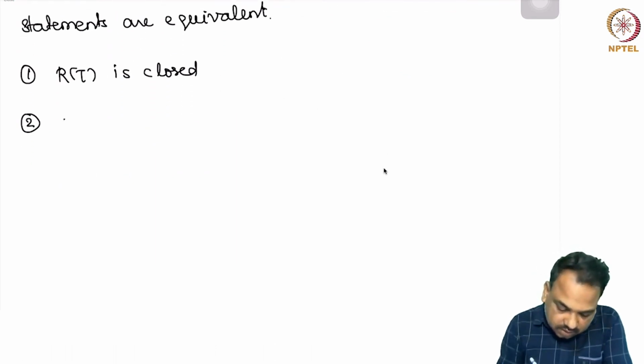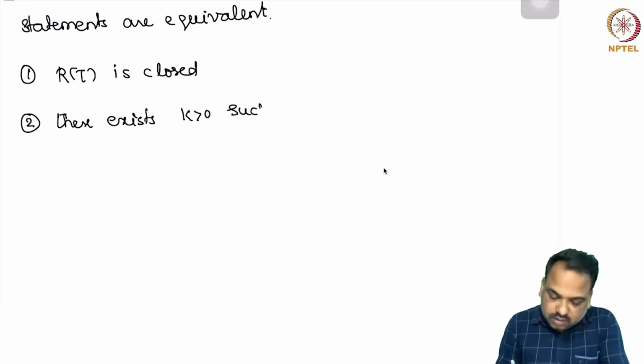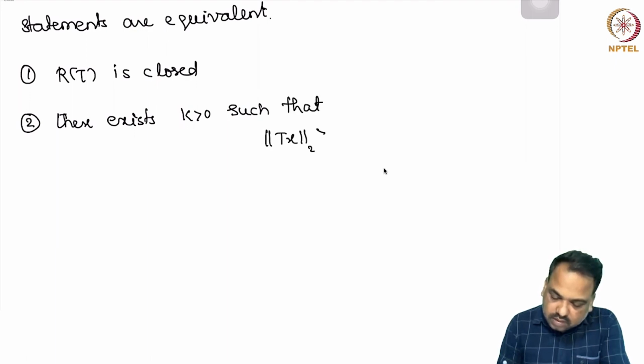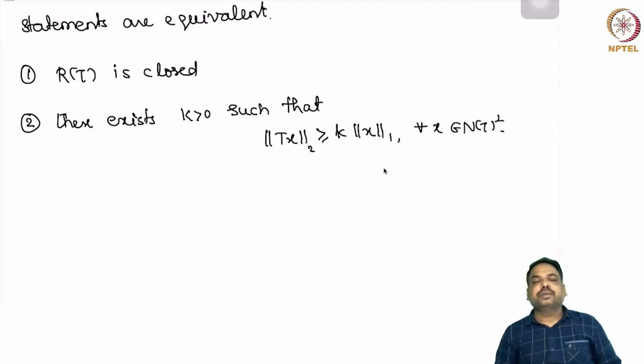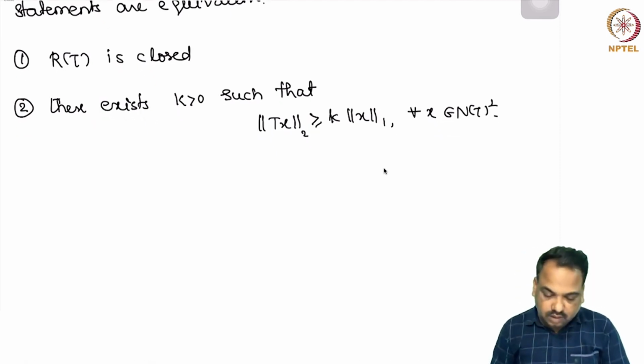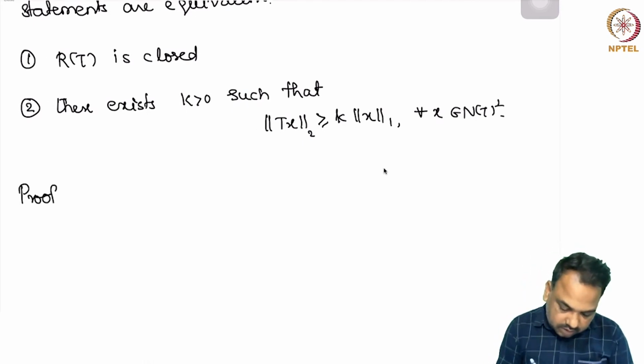The second one is there exists a positive number k such that norm Tx is bigger than k times norm x for every x in null space of T perp. This is the statement. Let us try to look at the proof of this one.